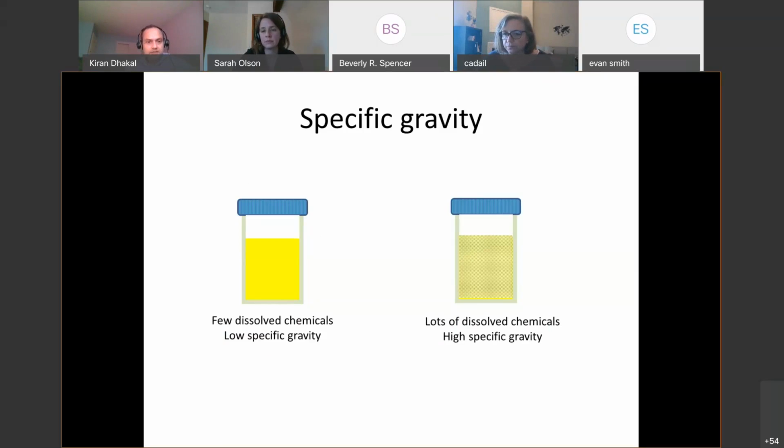So what is specific gravity? That is density. When you have few dissolved chemicals in a liquid or urine, then you have a low specific gravity. When there are a lot of dissolved chemicals in urine, it will give a high specific gravity, higher density.